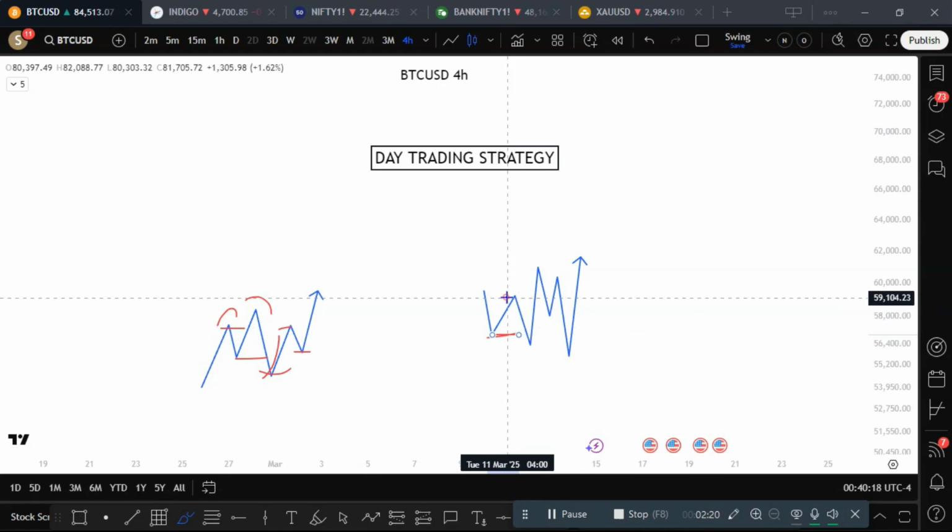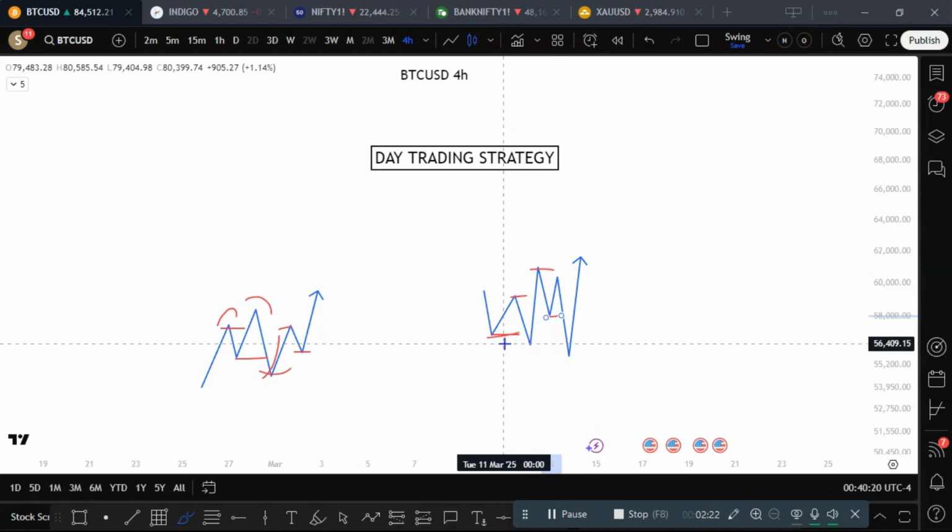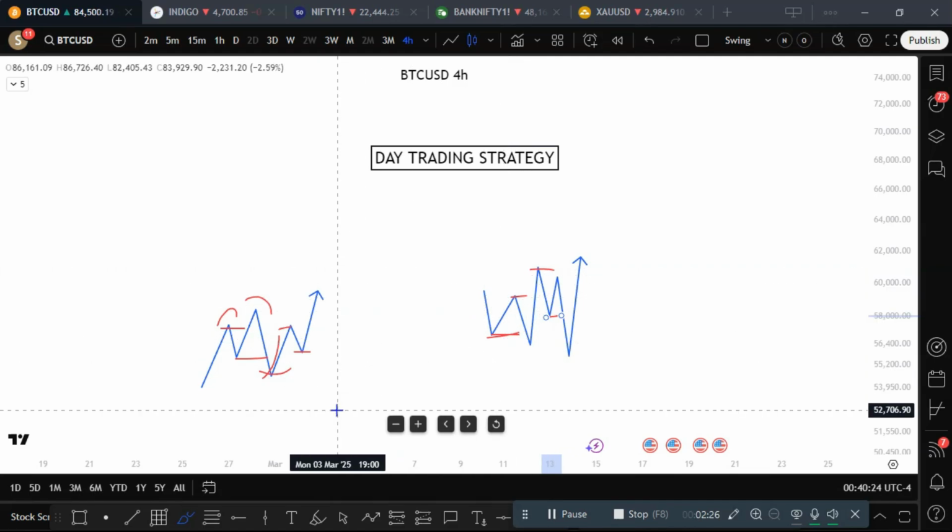Whenever price sweeps liquidity, we will take entry on the 5-minute chart. Okay, we know every candle high and every candle low has liquidity. Every candle high has buy side liquidity and every candle low has sell side liquidity. But we are not going to use every candle.